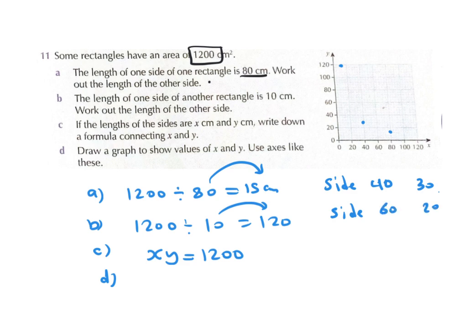So 60 and 20. And if one side is 20, then 60. So 20 and 60. Now join them. Look, if you join them, inversely proportional.